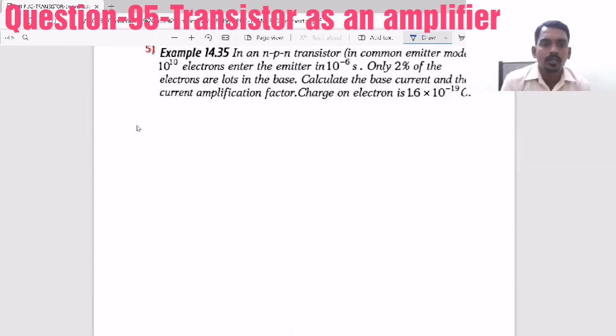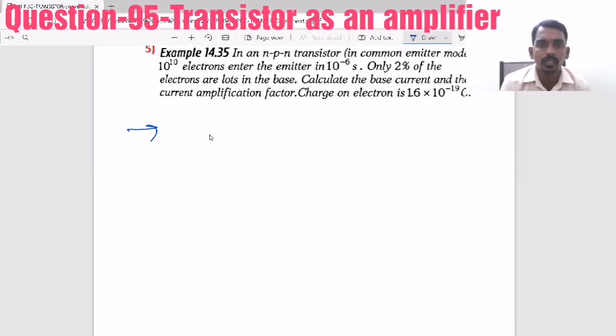Now one last and final question. In an NPN transistor in common emitter mode, 10 power 10 electrons enter the emitter in 10 power minus 6 seconds.